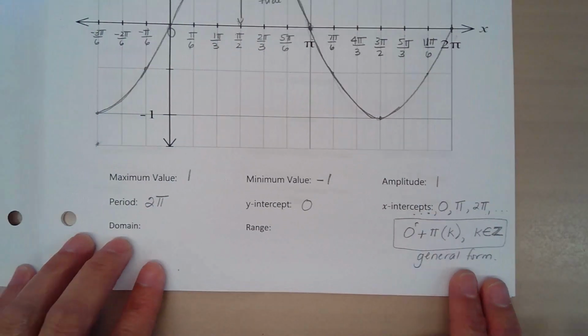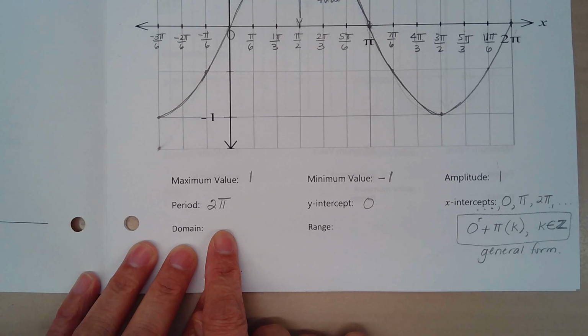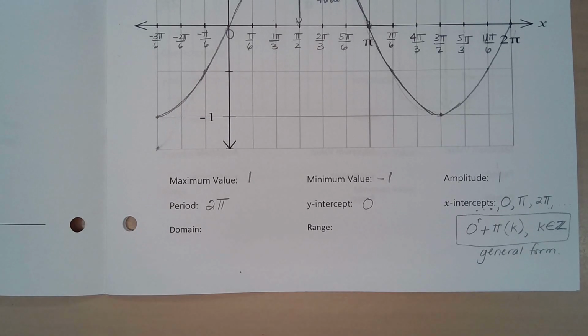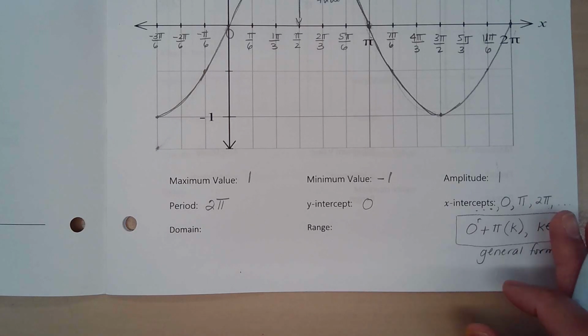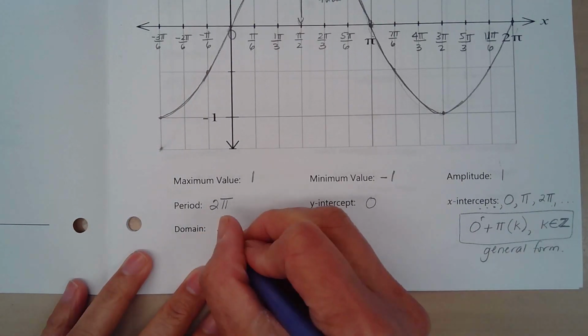Okay? Now let's take a look at this. What's the domain? Was this like negative infinity to infinity?